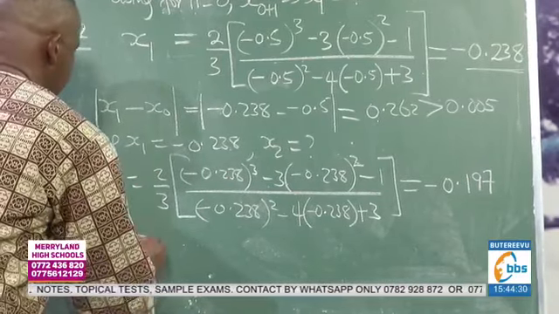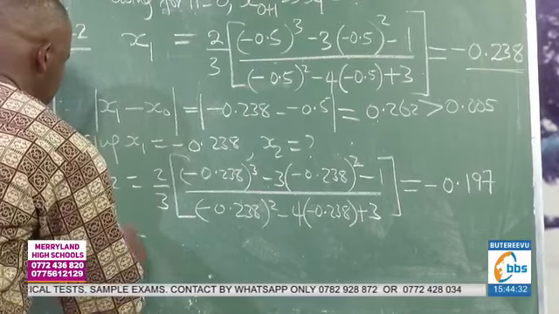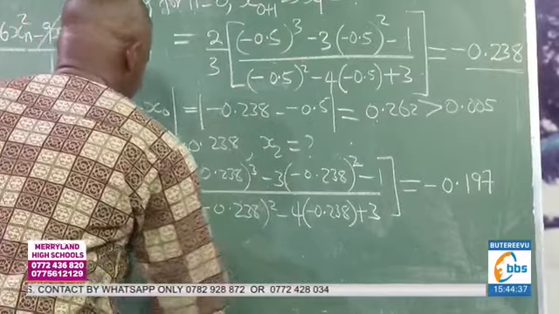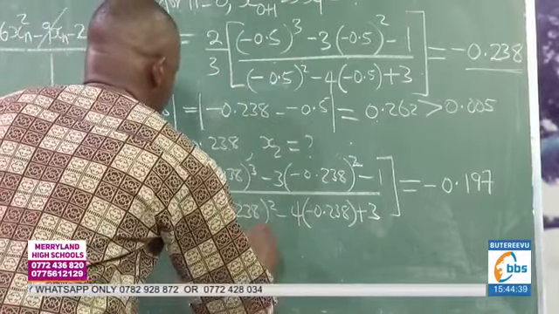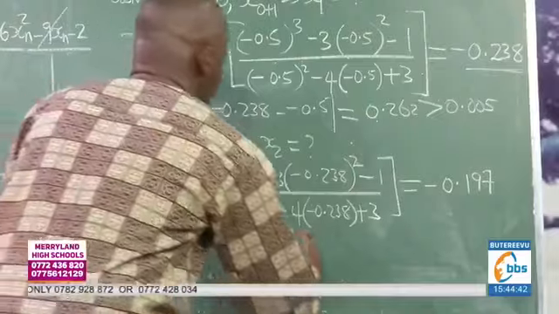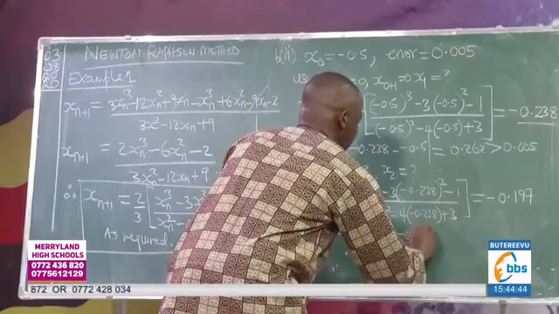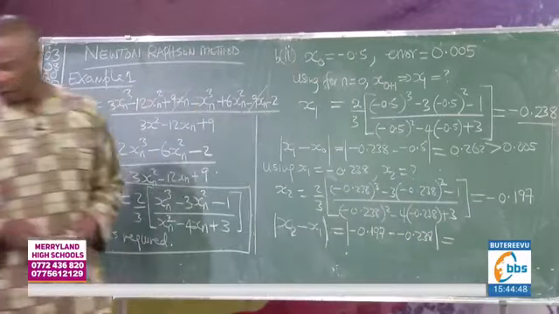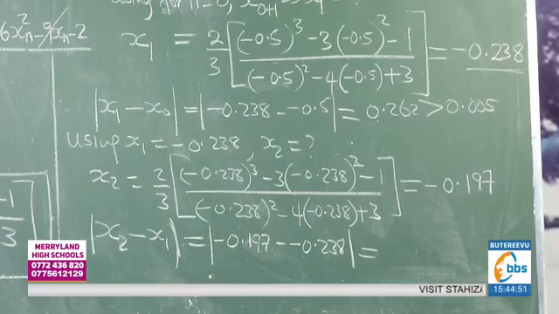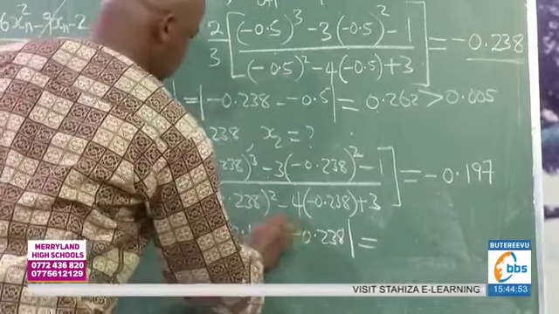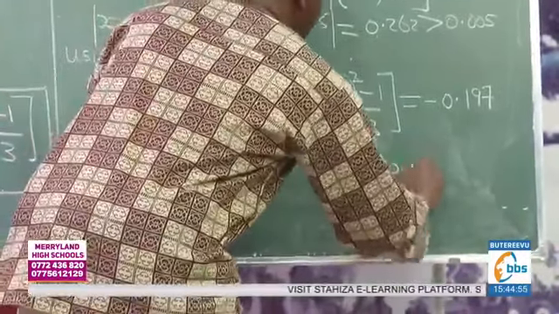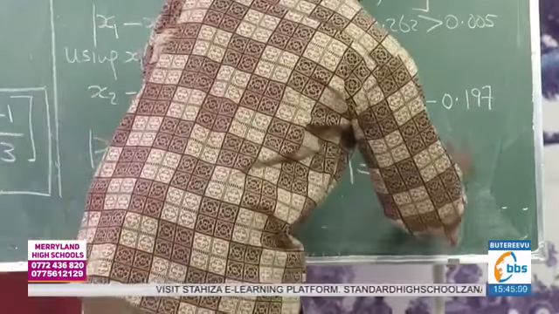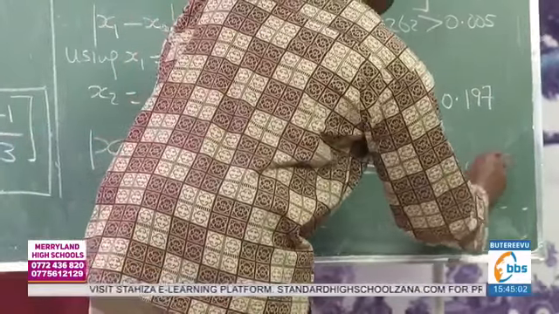And it puts you at a position where you get the content very well. Negative 0.197 minus 0.238, modulus, will give us a value when you compute, because this will change into a positive 0.141, which is still greater than 0.005.